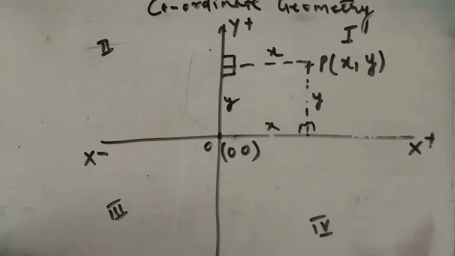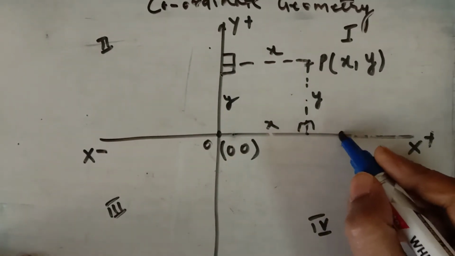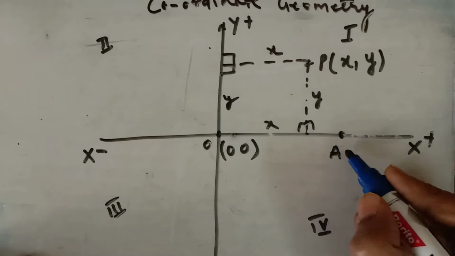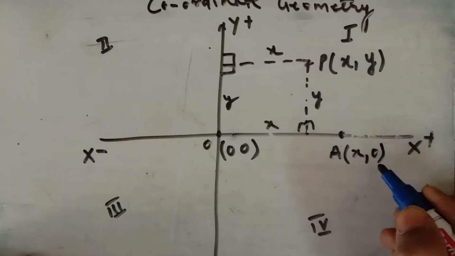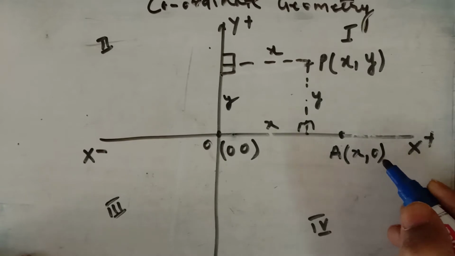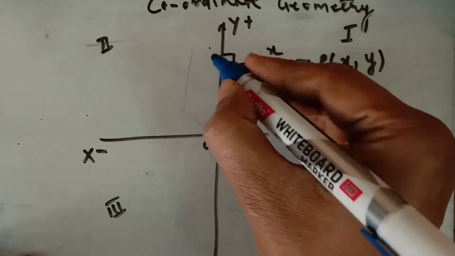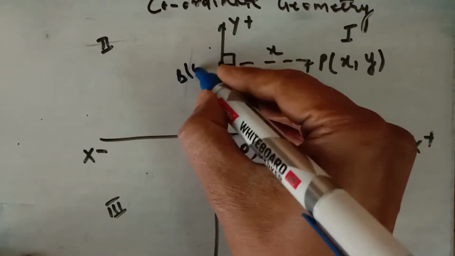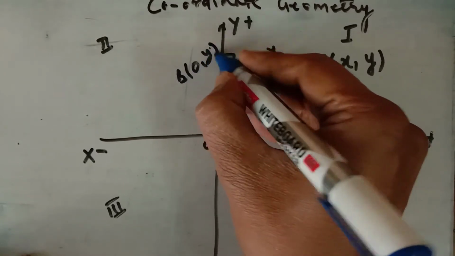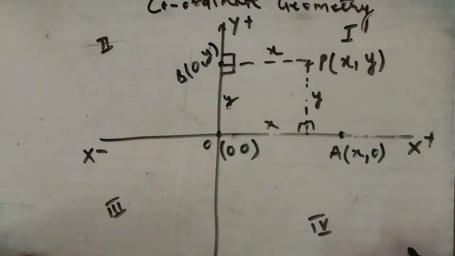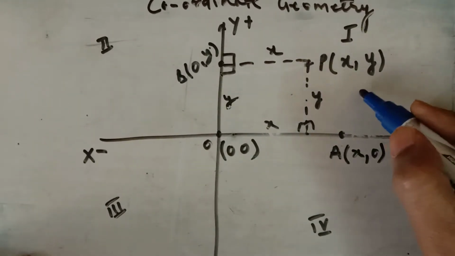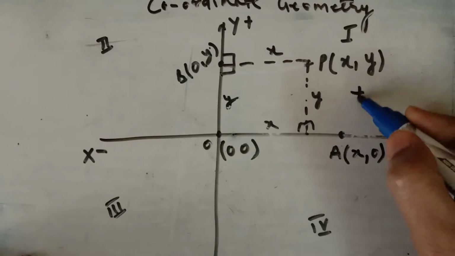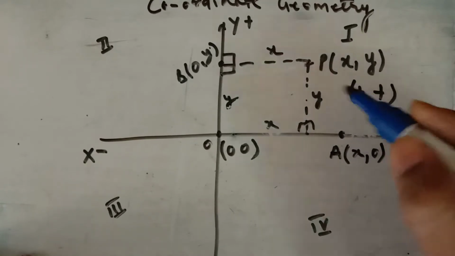This we have learned. Any point on the x-axis, let us call this point A, its coordinate is always (x, 0), that is, on the x-axis the y coordinate is 0. And if we take any point on the y-axis, then its x coordinate is equal to 0, that is, we take any point on the y-axis as (0, y). Now in the first quadrant, the x coordinate and y coordinate both are positive.